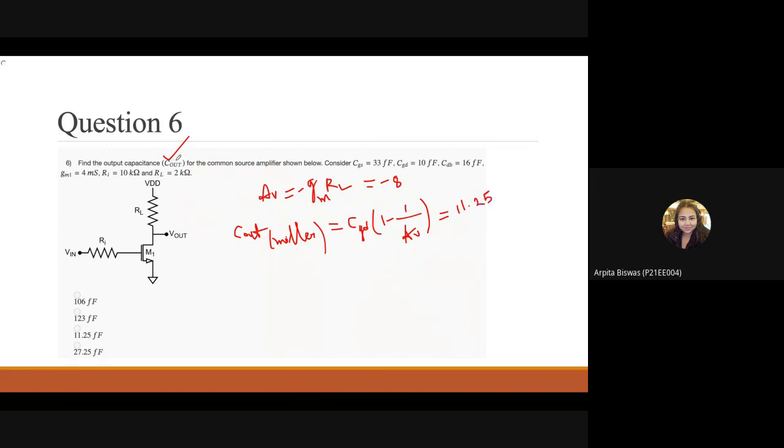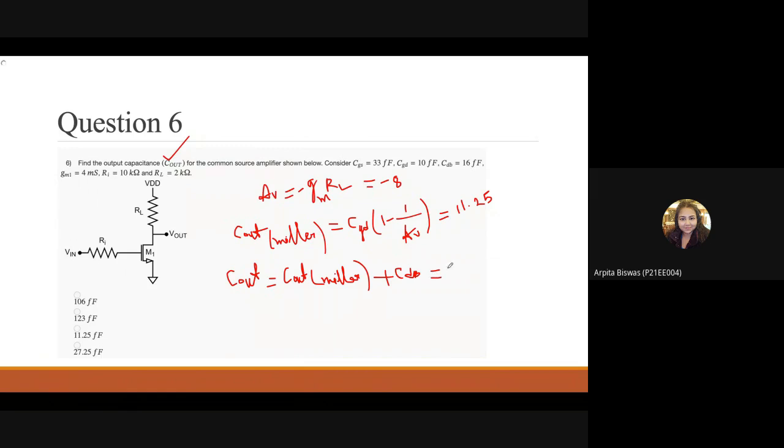Now we have to find out the C output. C output is equal to C output Miller plus CDB. Now tell me what is the value of this C output.